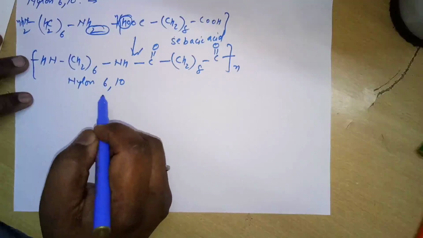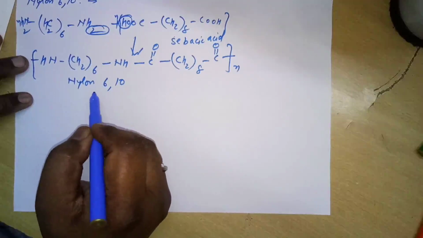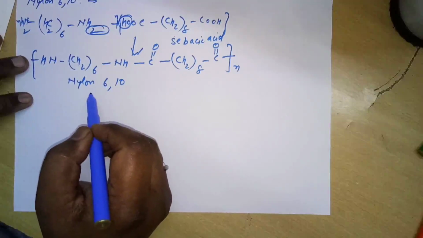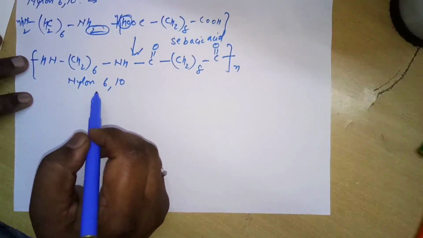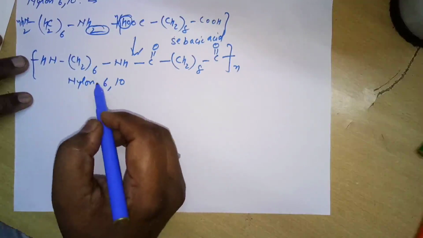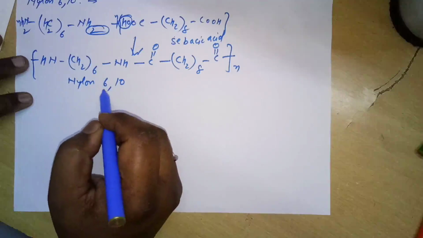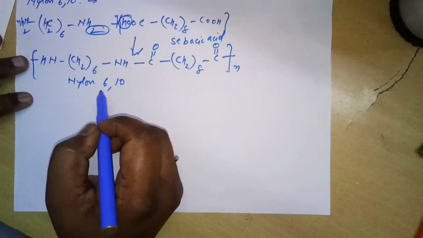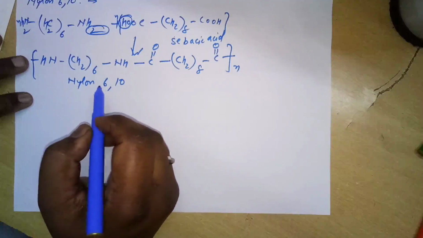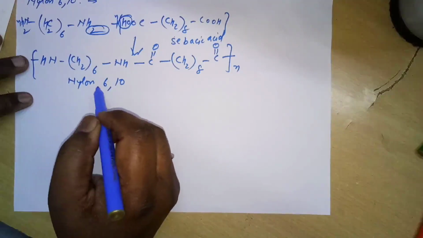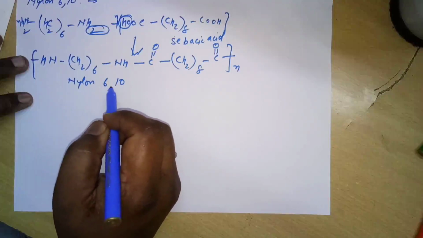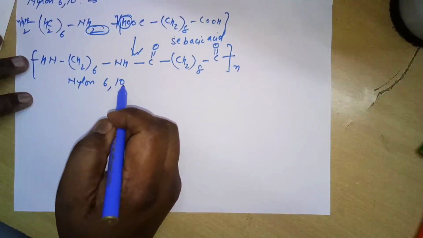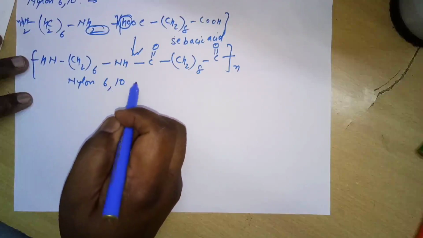Being tough, nylon is used as a substitute for metals in bearings and gears. Nylon fibers do not rot, have high tensile strength and are tough. These are used in the manufacture of carpets, textile fibers and bristles for brushes.